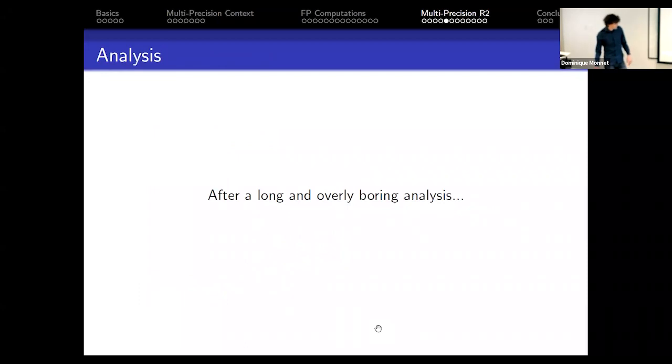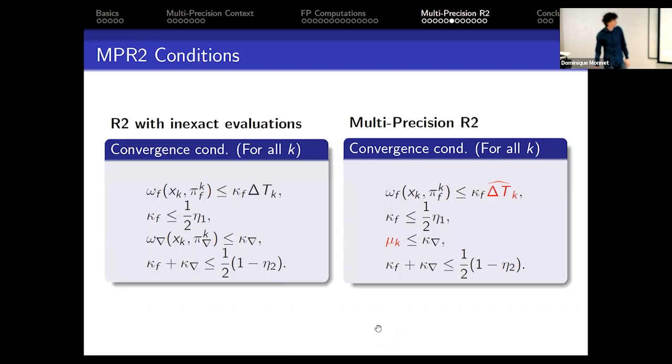Once we have that, we can perform an analysis that I'm going to spare you, and we have convergence conditions for our algorithm to a local minimum. These are the old conditions I had when I only considered exact objective and gradient regularization.